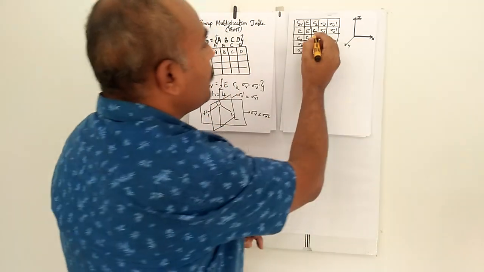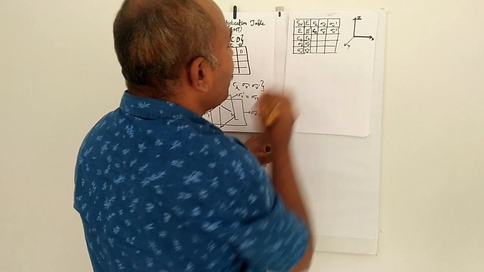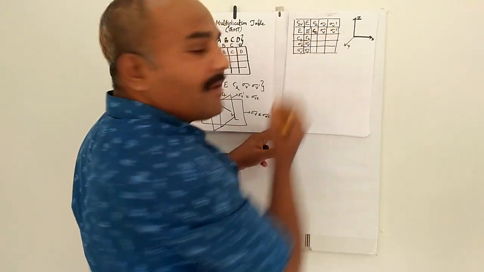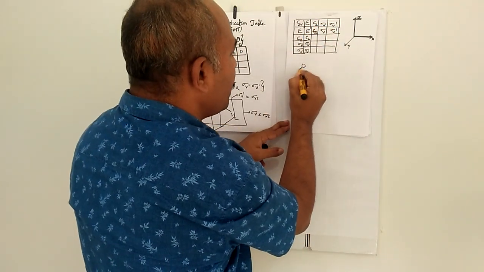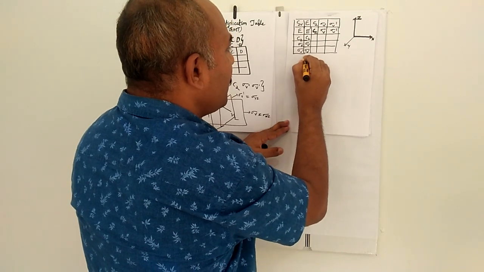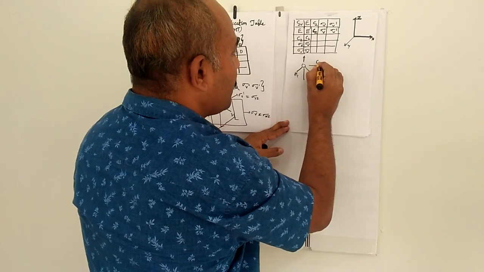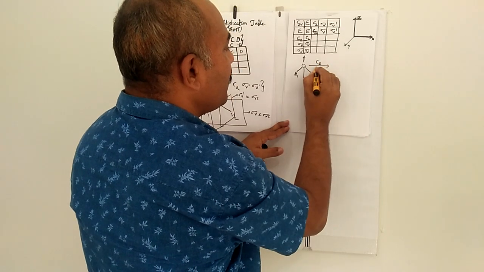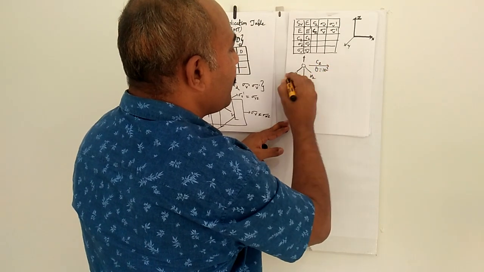Okay, so to fill up this box, C2 multiplied by C2. Take the water molecule with H1 and H2. You do the C2 operation, the rotational operation, where theta is equal to 180 degree rotation.